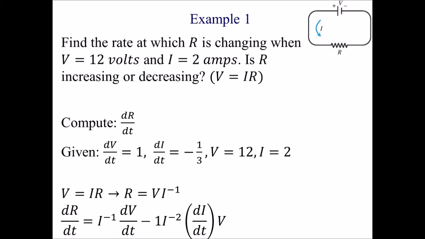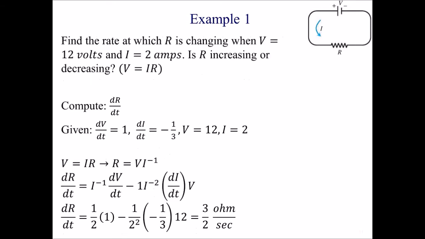That means I have all the pieces needed to compute this rate of change of R. Here I plug in the numbers that I stated earlier. Using the calculator, I get that the change of R with respect to time is 3/2 ohms per second. Since this answer is positive, the resistance is increasing at that rate.